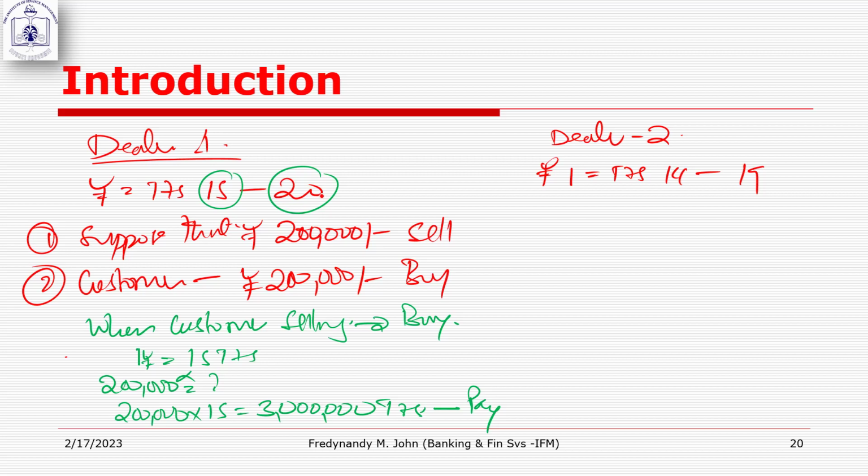Now, if dealer 1 is selling, it means he will sell at 1 Japanese yen equals 20 Tanzanian shillings. Then 200,000 equals how much? If we multiply 200,000 by 20, we're going to end up with 4 million.